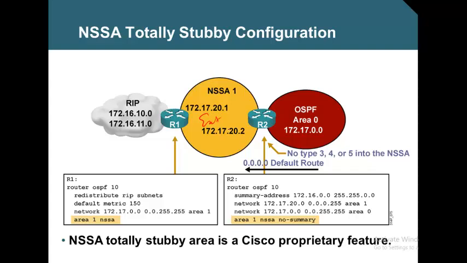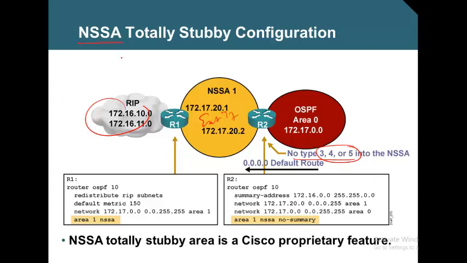So external networks are available. In totally stub, no external routes. That's the difference. In totally stub also, these three are denied. And there is no type 7 in totally stub. In not so stubby area, we have type 7.